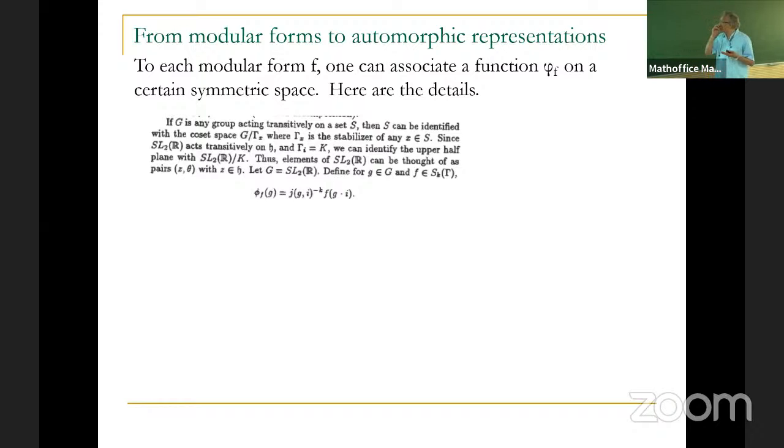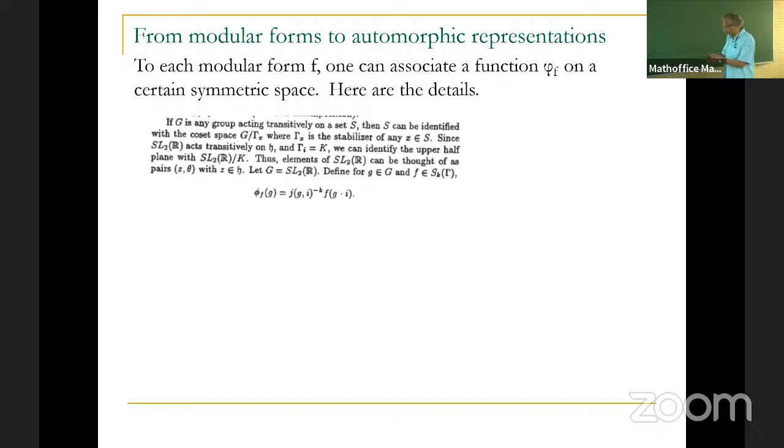The answer is, if the action is transitive, in which case it is, it's a coset space. So it's SL2(R) modulo K, where K is the stabilizer of square root of minus 1. So I interpret that way, and then I started reinterpreting modular forms as functions on this space, which are left invariant by another discrete subgroup.